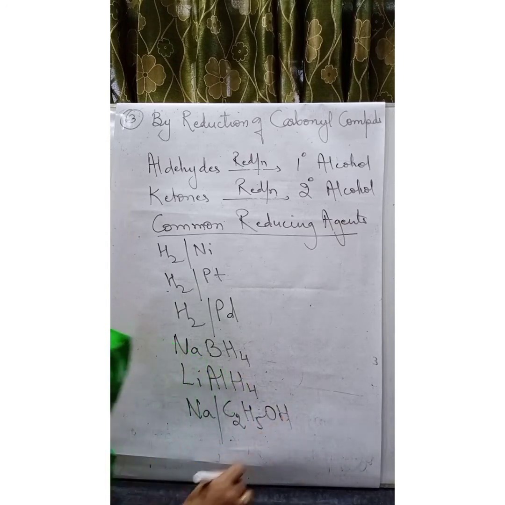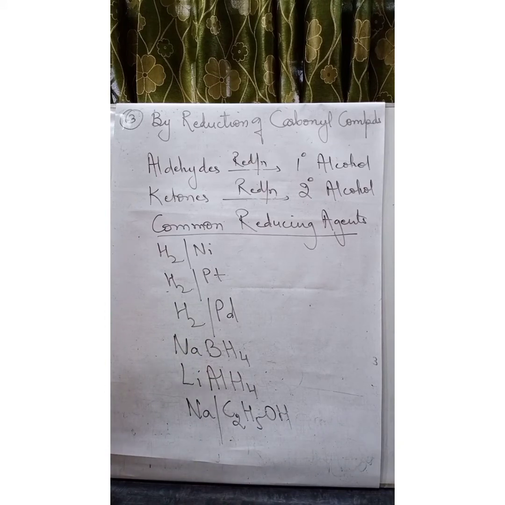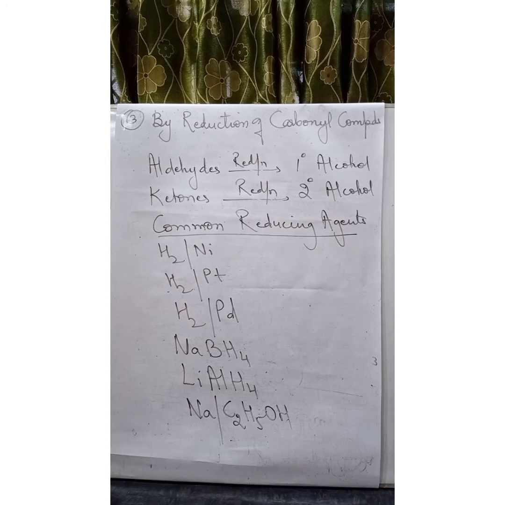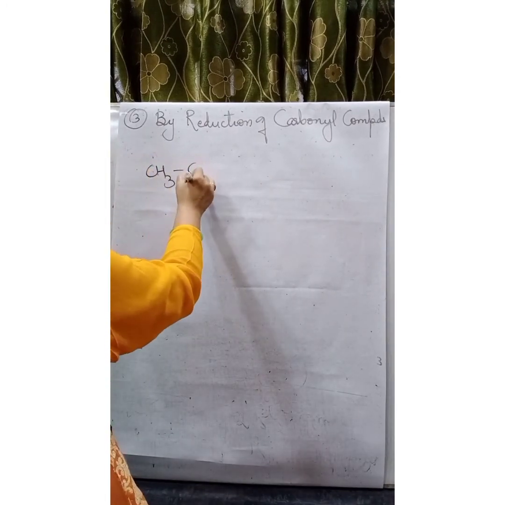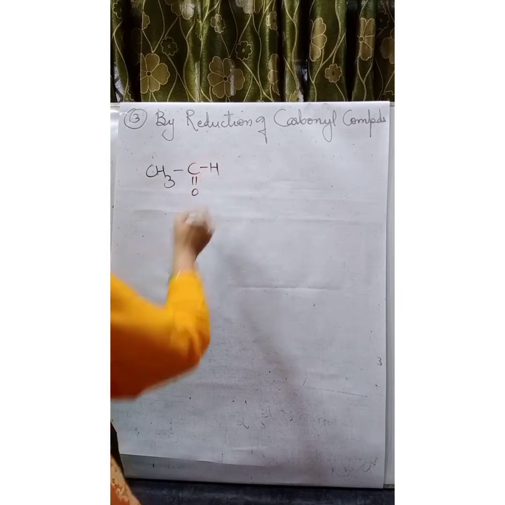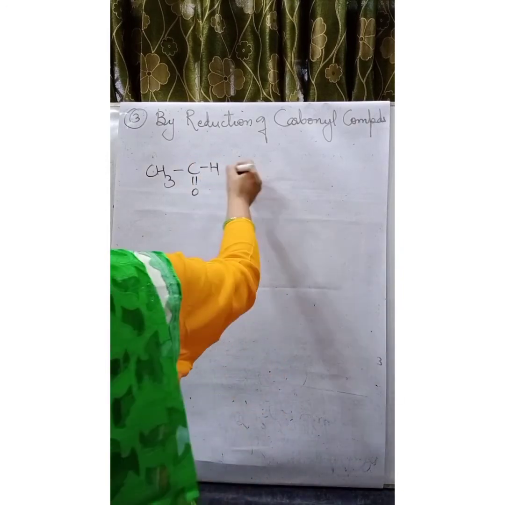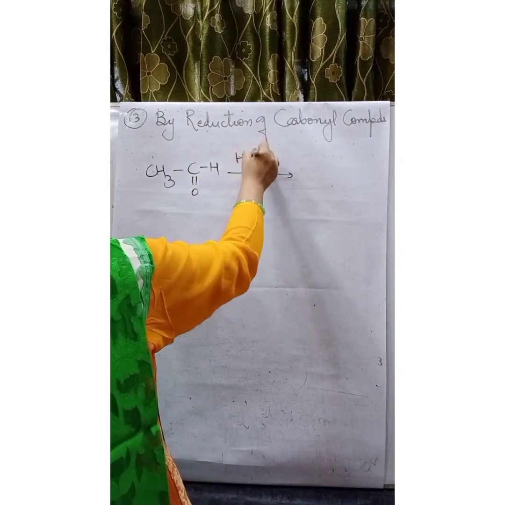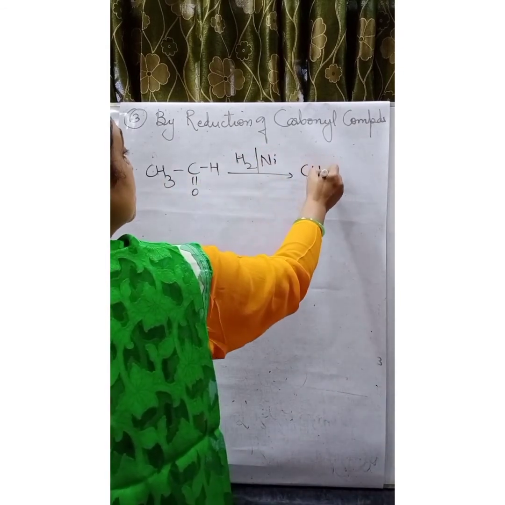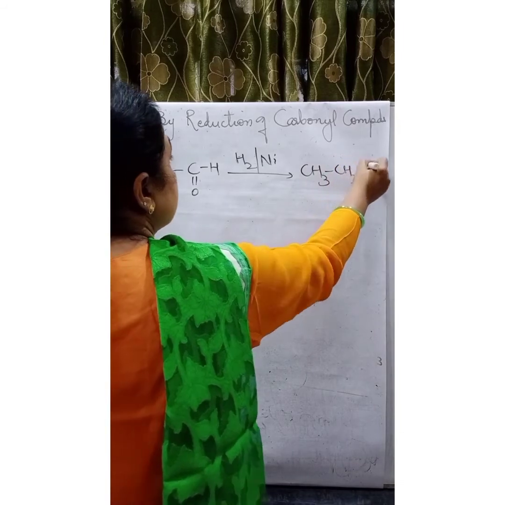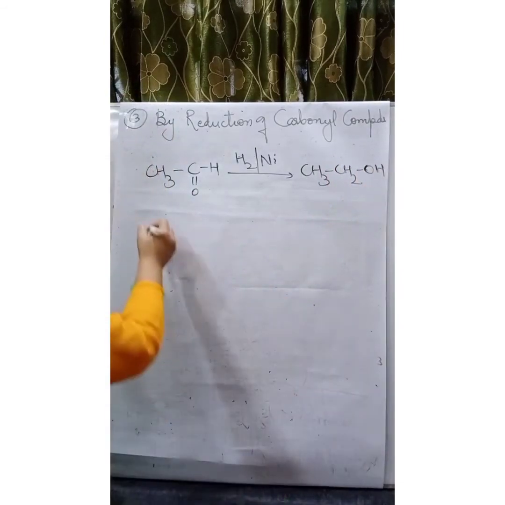Any one you can use to carry out reduction. Let us see an example of this. CH3CHO, this is an aldehyde, in presence of hydrogen and nickel gets reduced to form CH3CH2OH.